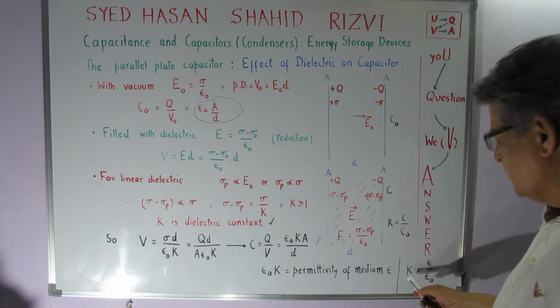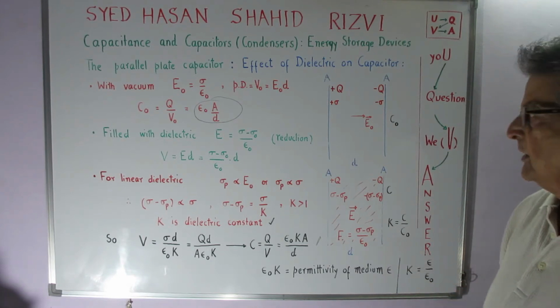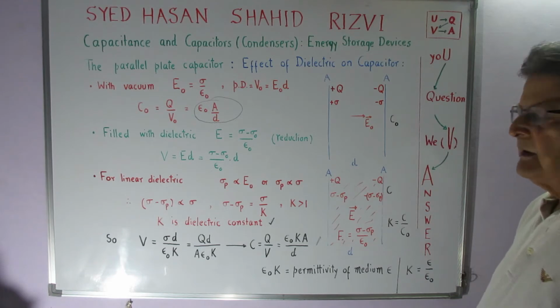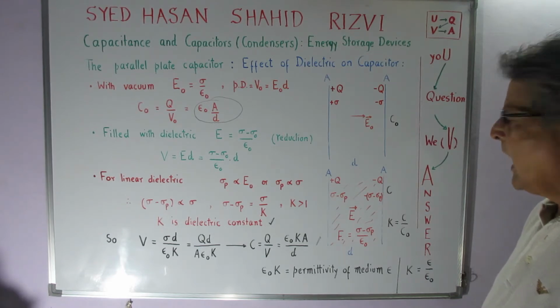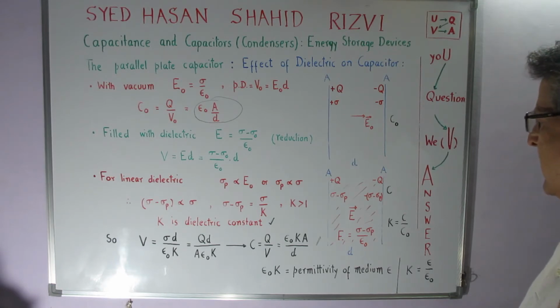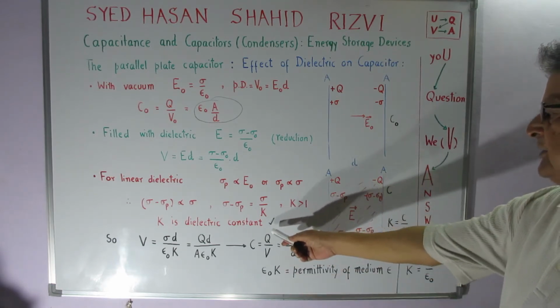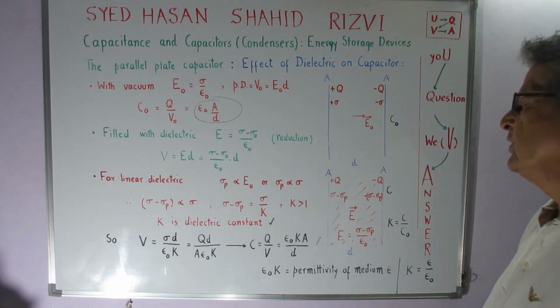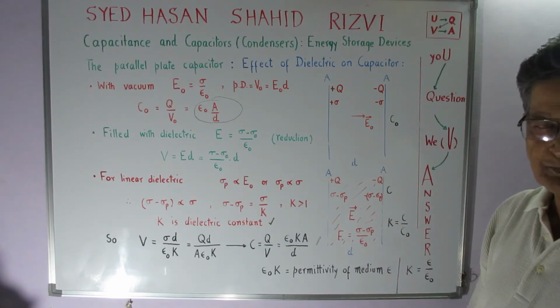So this K is a dimensionless quantity, just like what I introduced to you before, and I called it epsilon R, the relative permittivity. The relative permittivity and the dielectric constant are one and the same thing, defined in different ways.